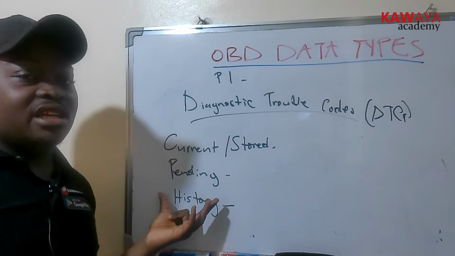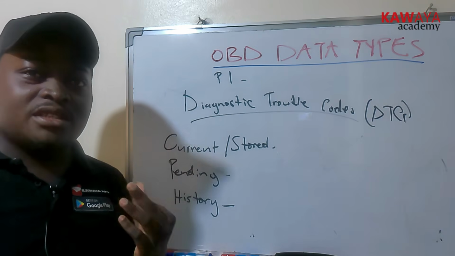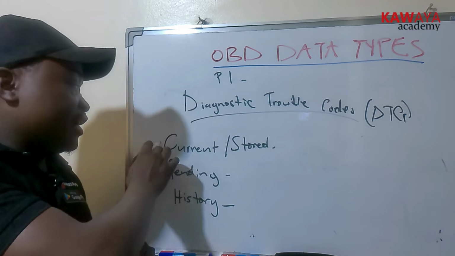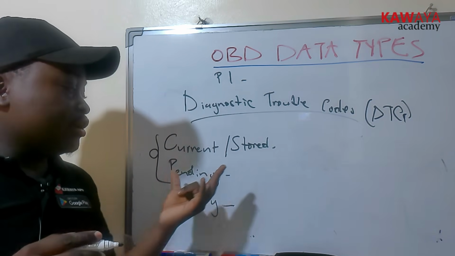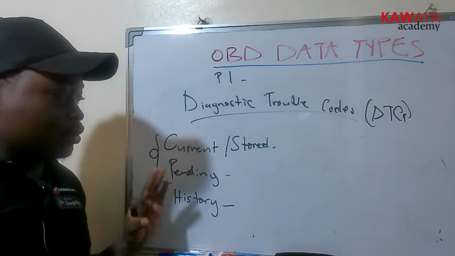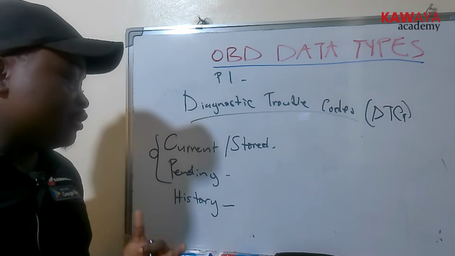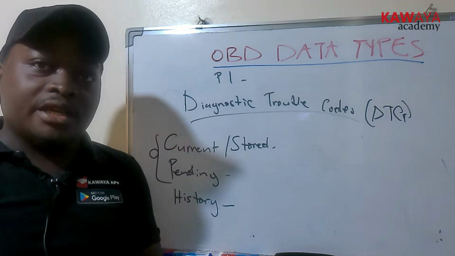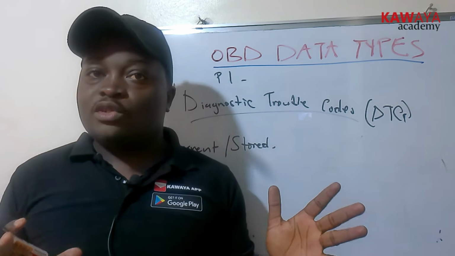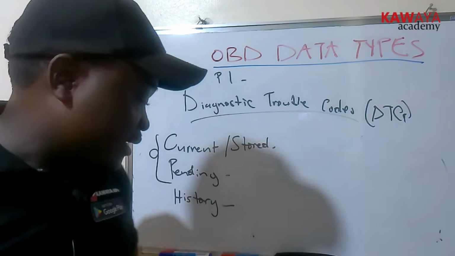History codes are codes that happened some time back, probably they were fixed, so these ones should not worry you. The types of codes that should worry you are the current, stored, and the pending. If you're using a scan machine, you will probably see current codes, stored codes, and so on. Okay, so we've looked at diagnostic trouble codes. I want us to look at freeze frame as our next data parameter.